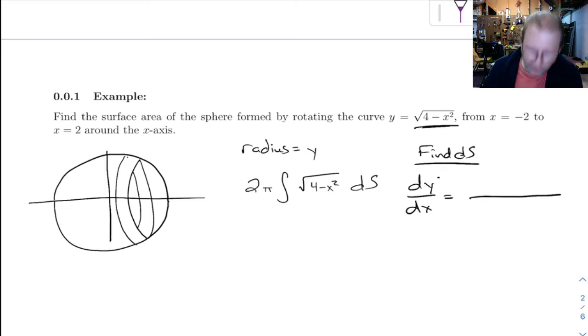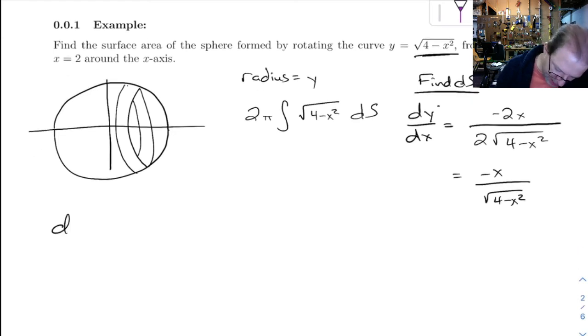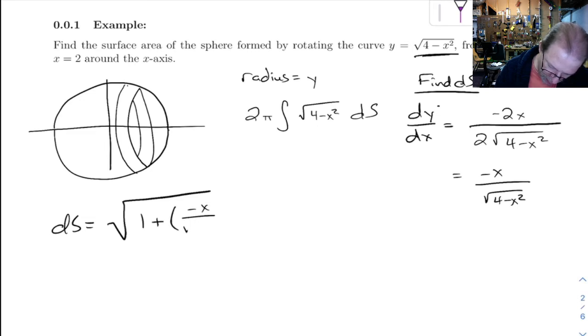To take the derivative of square root of 4 minus x squared, you get 2 square root of 4 minus x squared on the bottom, and then the derivative of the inside function on top, minus 2x. So you get minus x over root 4 minus x squared. So that means my ds is going to be square root of 1 plus that squared dx.